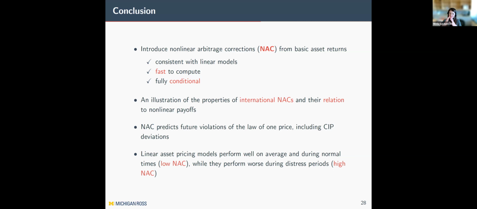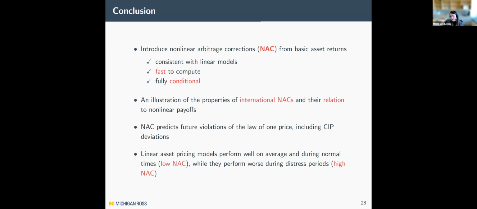Sure. NAC is constructed assuming no arbitrage, but in the basic market that only has the aggregate equity, the bond, and the currency. Then we look at related markets, like the forward, foreign exchange, and so on, and see that there this nonlinear arbitrage correction is informative. All we are saying is that there are many ways by which someone can introduce nonlinearities in a model. Ours comes only from the no arbitrage condition.